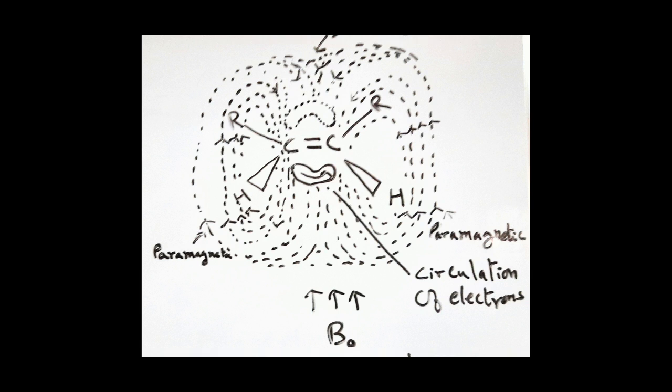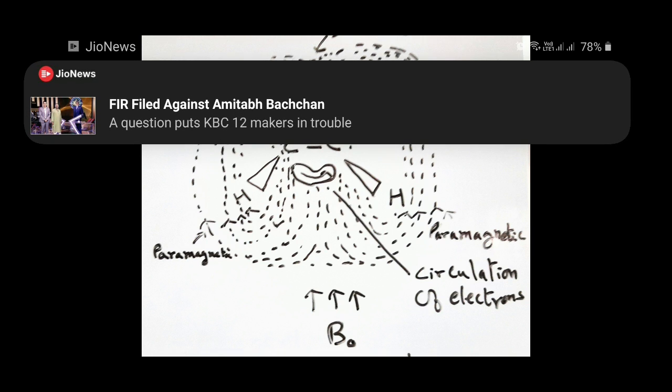Now what happens? The protons in a molecule of ethylene experience a higher magnetic field. The magnetic field applied by you, or by the machine, is felt as even higher by the protons in ethylene or in a compound containing a carbon-carbon double bond.